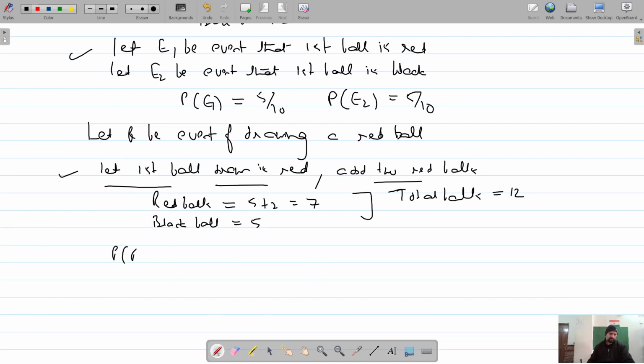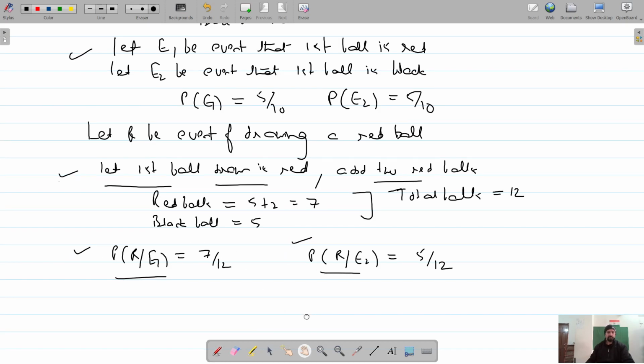The probability of getting the red ball when E1 has occurred is 7 by 12. And the probability of getting the red ball when E2 has occurred: E2 means that the first ball is black. We don't have to add the red ball, but we have to add 2 black balls. So the red balls will be 5, and the total balls will be 12 because we have to add the 2 black balls.